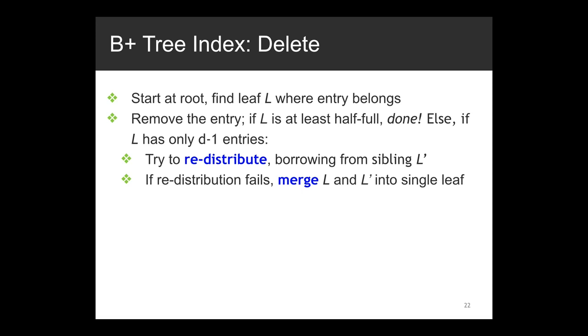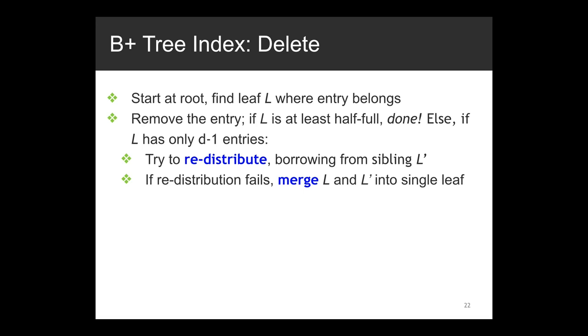If the leaf is no longer at least half full, then you have a problem. If the leaf is still half full after removal of this entry, you have no problem. So what happens if the leaf underflows? If its occupancy goes below 50%, then you have to do something. Here, the first thing you want to try is to redistribute the keys from the siblings. Notice this is the inverse of what we did for insertion.